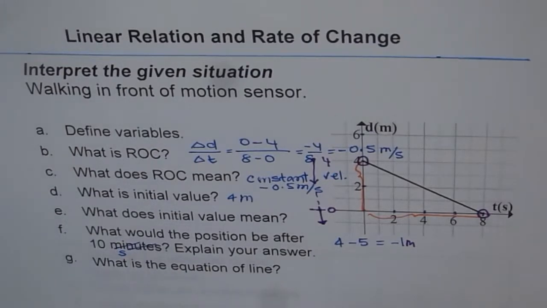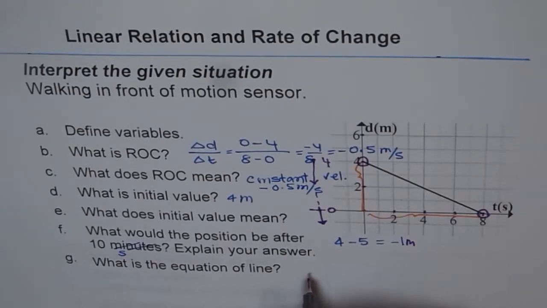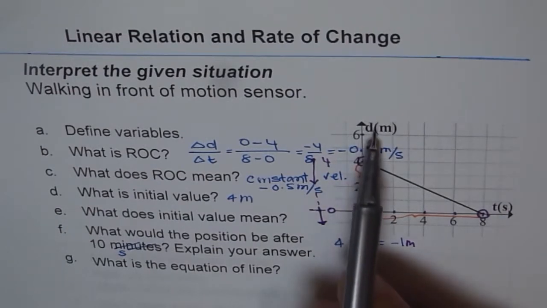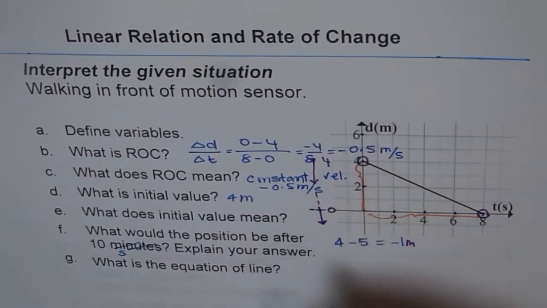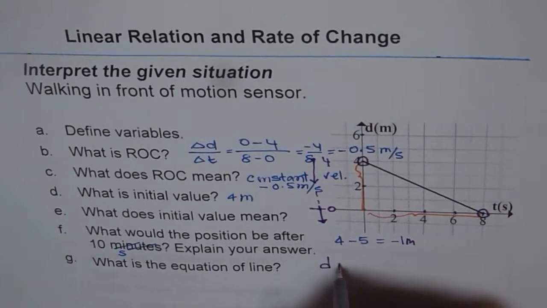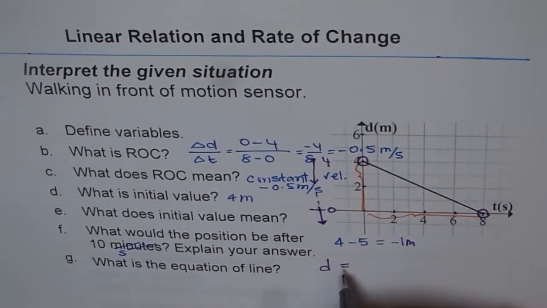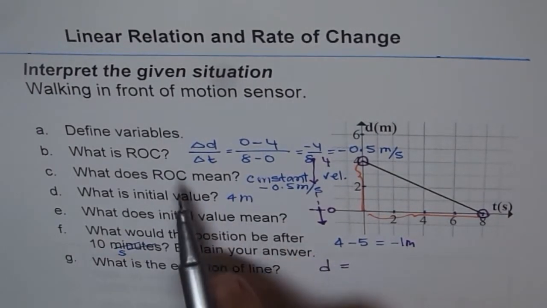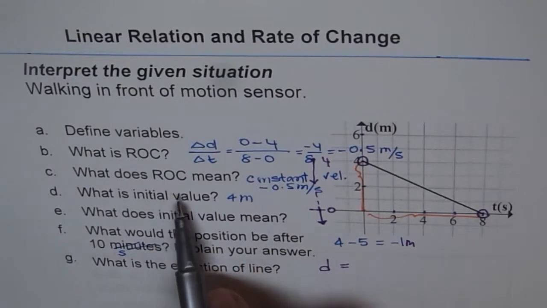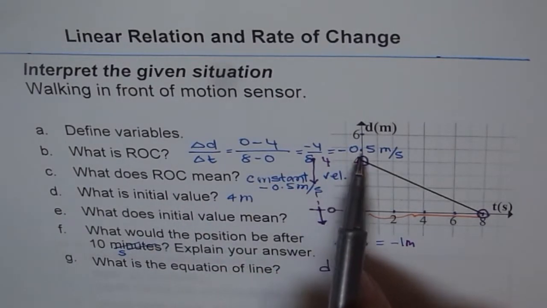So what is the equation of the line? Equation of the line, normally we write y equals mx plus b. Now, y is your dependent variable, which in this case is distance. So it's better to write d instead of y. Slope is m, which is rate of change, right? So rate of change here is minus 0.5.